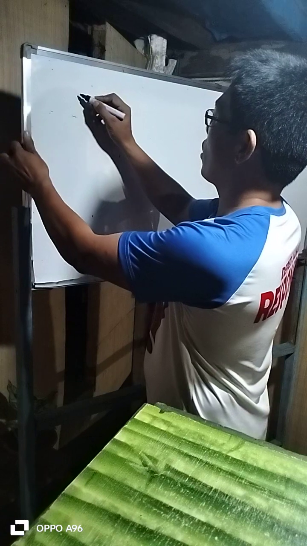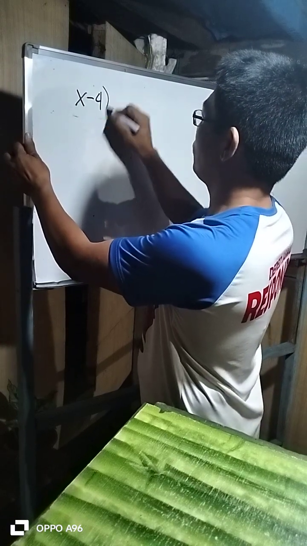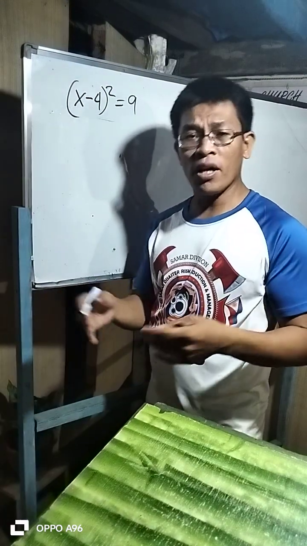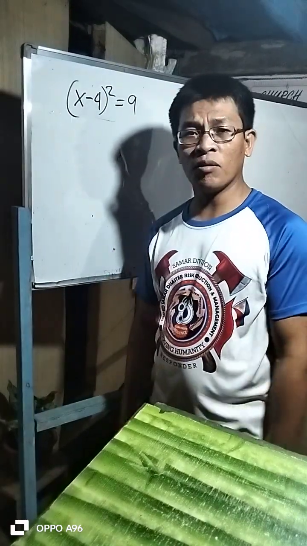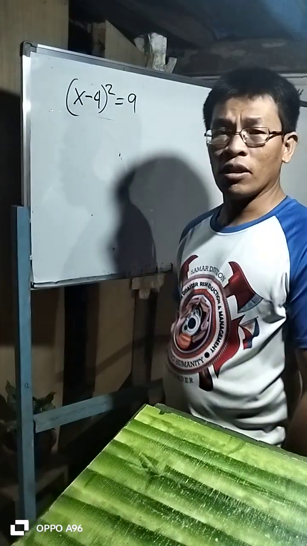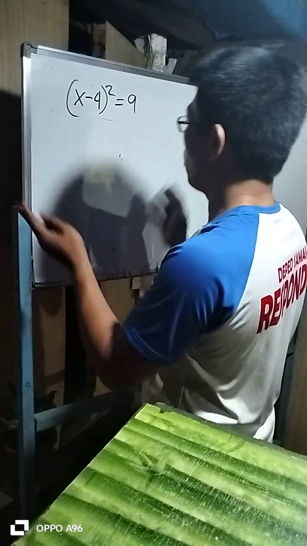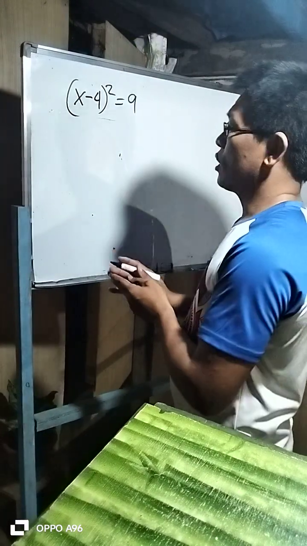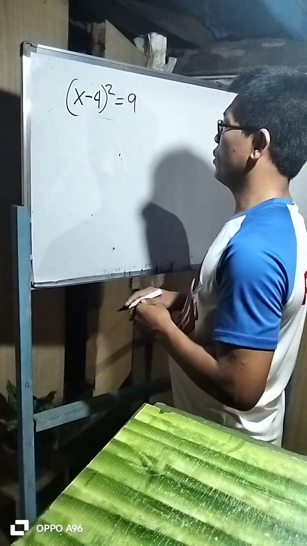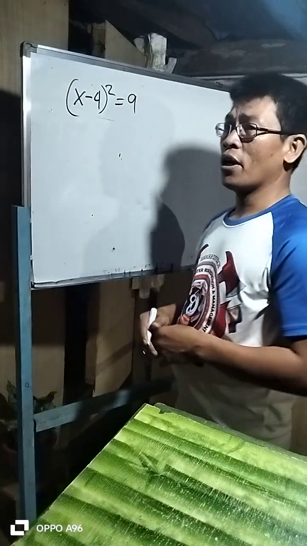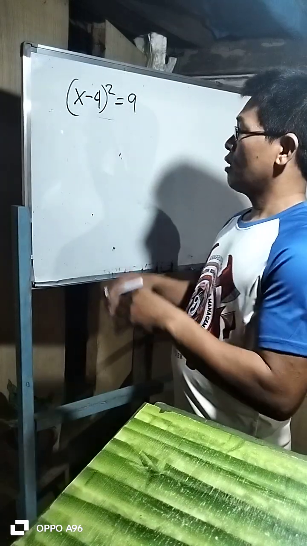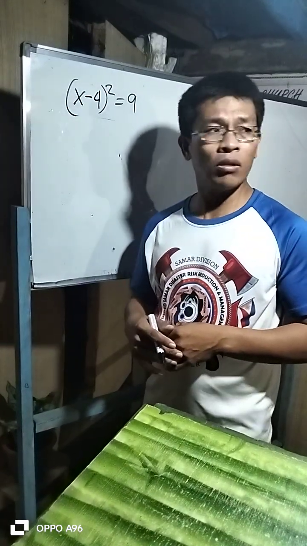For example, if we have x minus 4 squared is equal to 9, let us apply the first method, solving quadratic equations by extracting the square roots. In order to solve this, x minus 4 raised to the second power is equal to 9, let us first recall the properties of this first method.